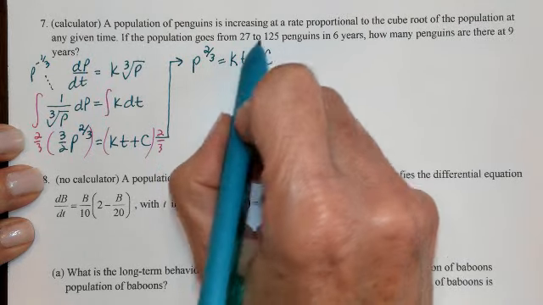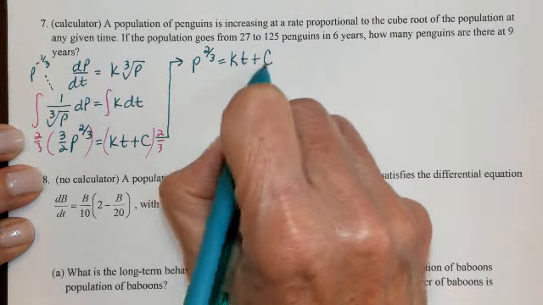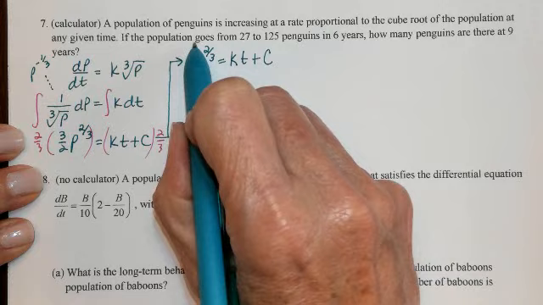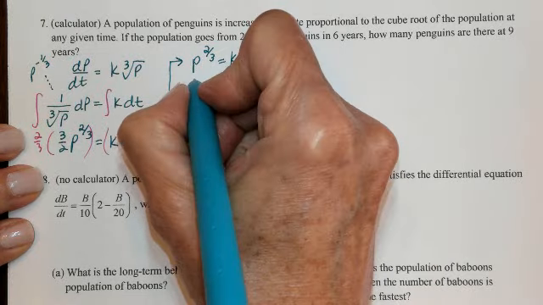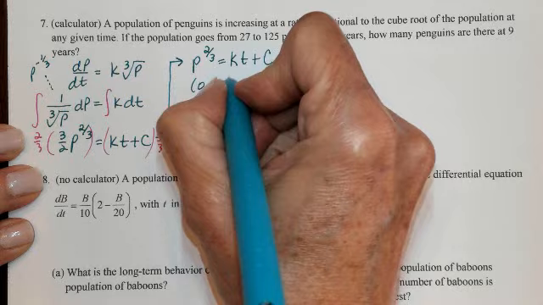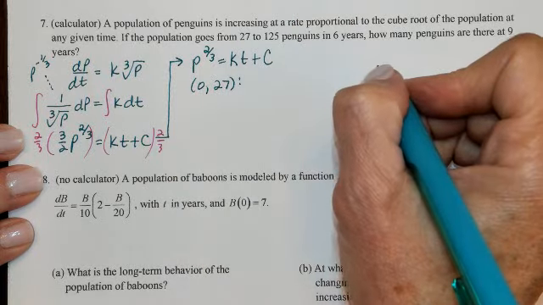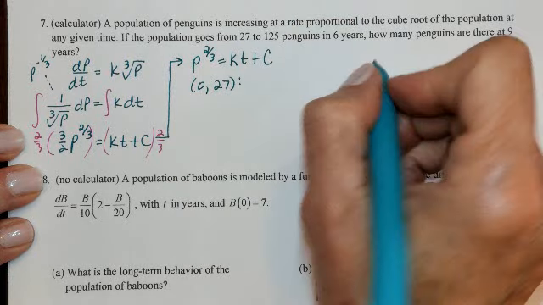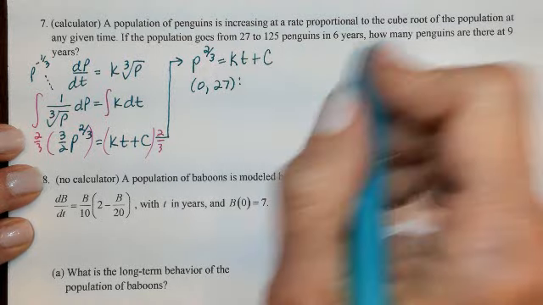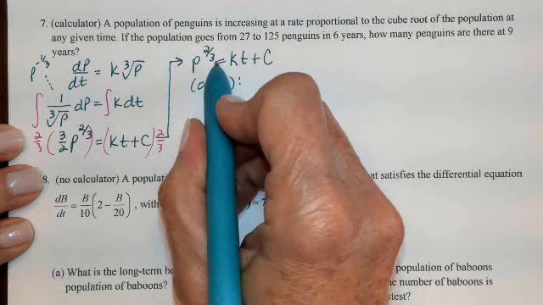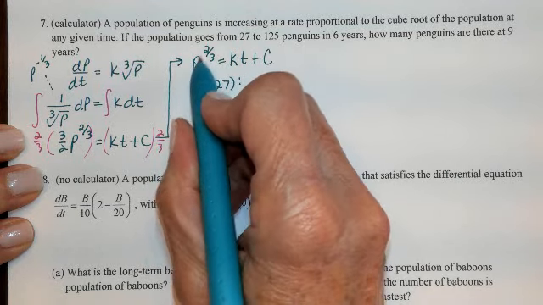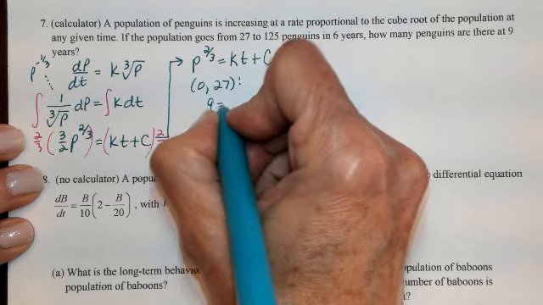Now I need to use my specifics to find c and k. So the population goes from 27 to 125. So at time 0, there are 27 penguins. Let's use that. It'll help us to find C. So if we put 27 in for P, cube root of 27 is 3. 3 squared is 9.